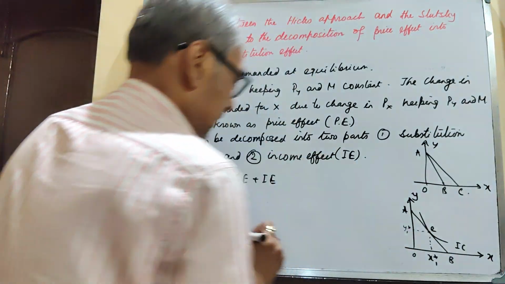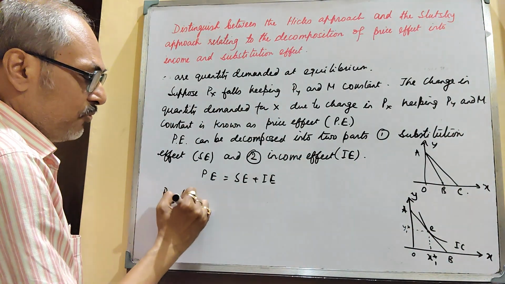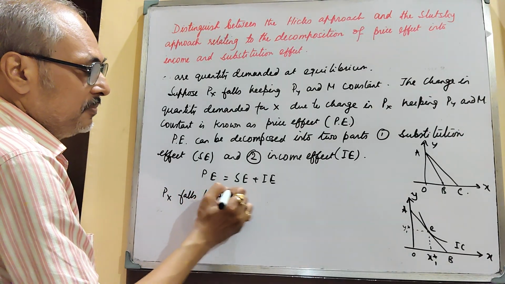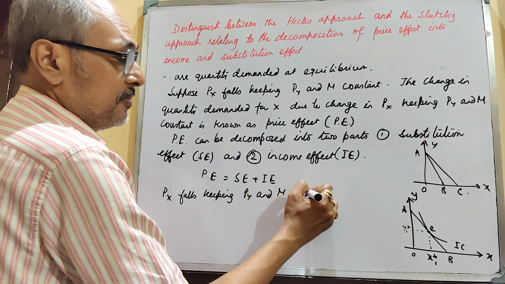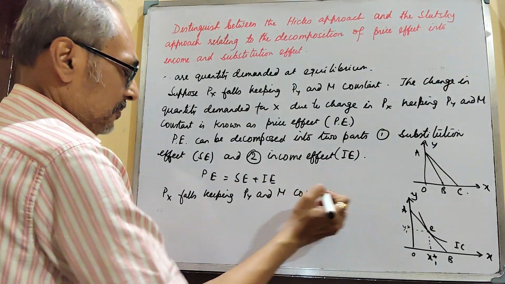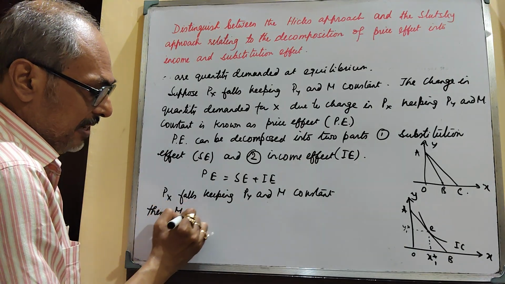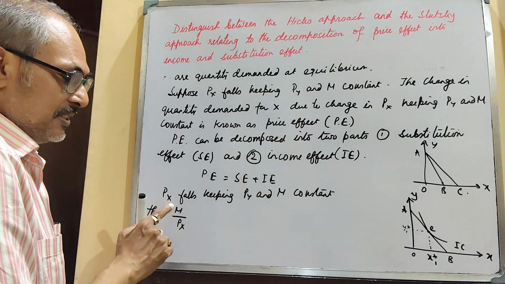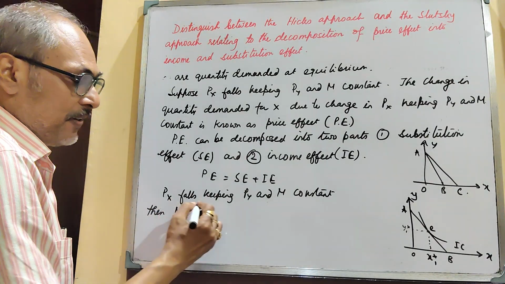Why is this happening? Let me explain this. Px falls keeping Py and M constant. Then M by Px: M is constant, Px falls. Numerator is constant, denominator falls. Therefore, the ratio rises.